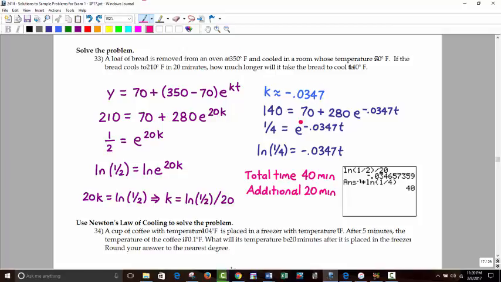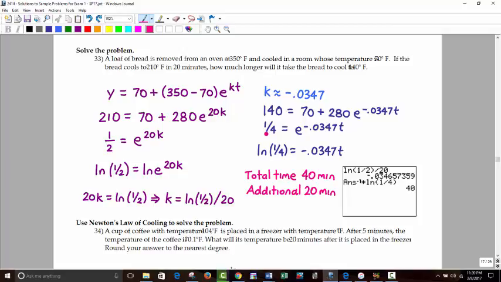So we have 140, we're trying to find how long it takes to get to 140, equals 70 plus 280 times the e. So I subtracted 140 minus 70 is 70. Then when you divide by 280, 70 divided by 280 is where that 1/4 is coming from.